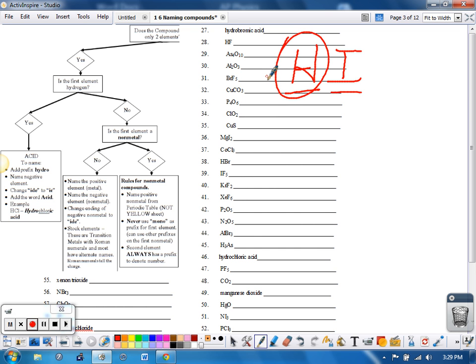Hydrogen is the first one, so as soon as I see hydrogen, I write acid. Since there are two elements, it's hydro something ic acid, and the something is iodine. So it's not iodin, it's hydroiodic acid.